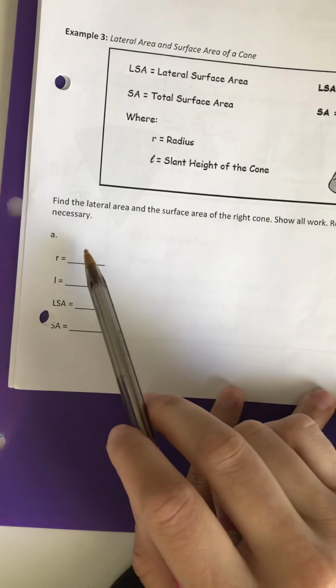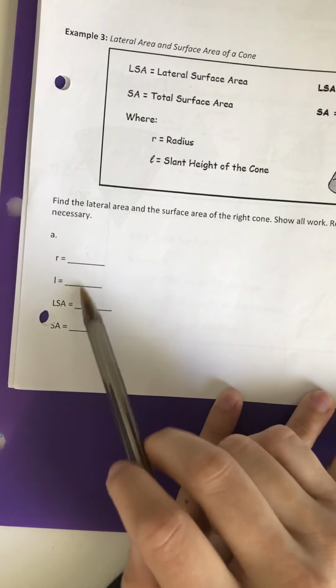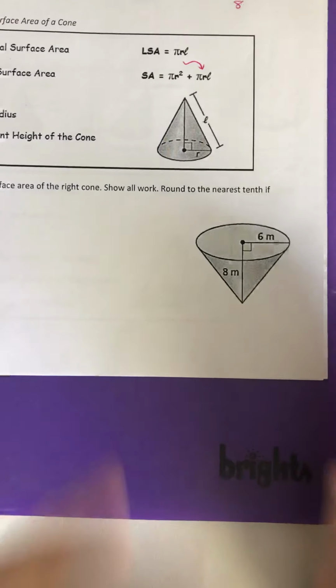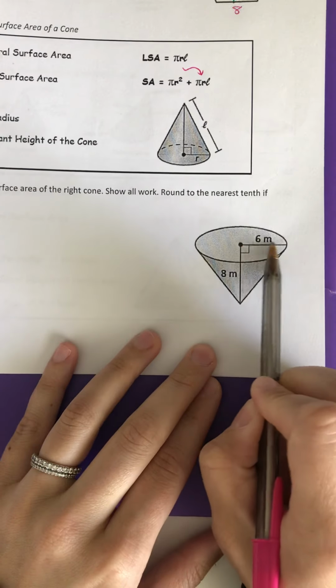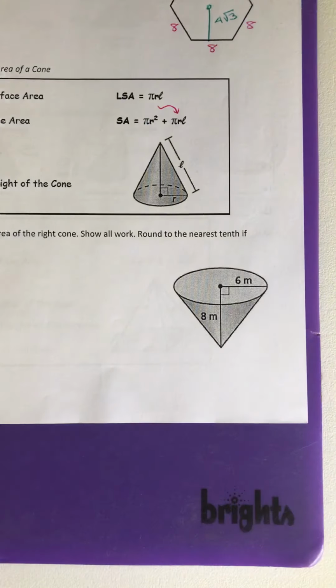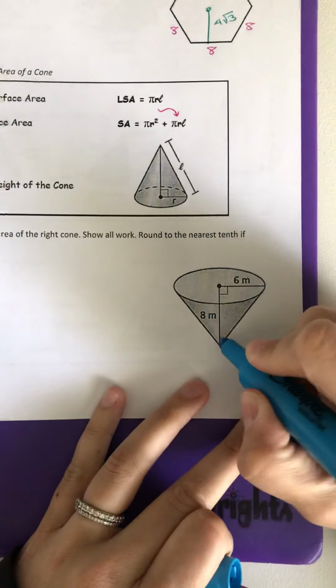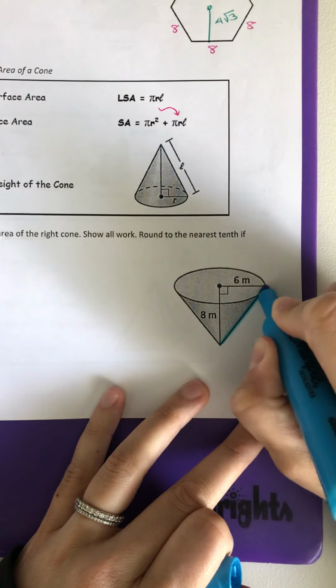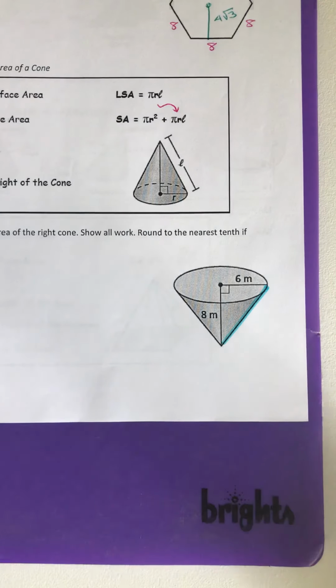So we have to figure out what r and L are before we can fill in your lateral and your surface area. So my radius is right here. My radius is going to be 6. And my slanted height is going to be this diagonal here, which if you notice, we don't have.